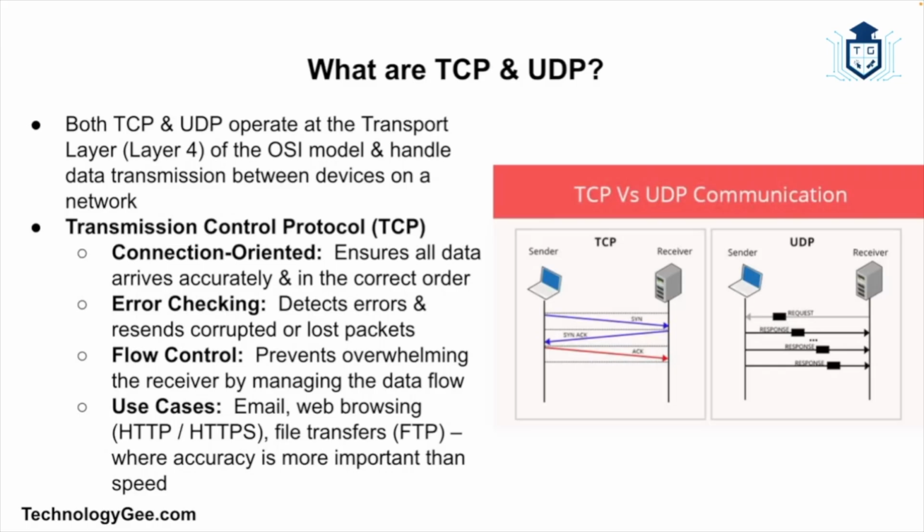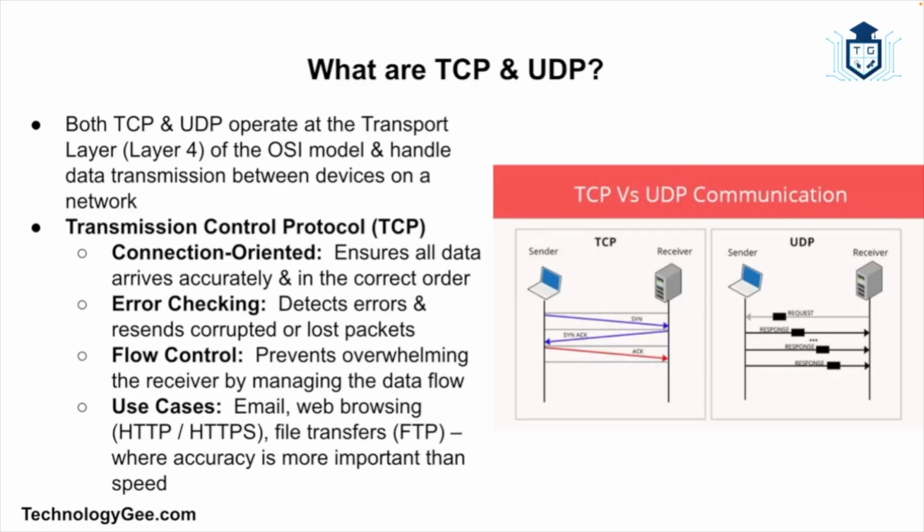All right, so before jumping into specific ports and their functions, it's important to understand the difference between TCP and UDP, which are two foundational protocols that operate at the transport layer, or layer 4, of the OSI model. So let's talk about TCP, or Transmission Control Protocol. This is a connection-oriented protocol, which means it establishes a reliable connection between two devices before transmitting data.